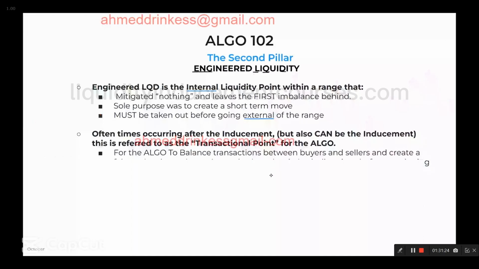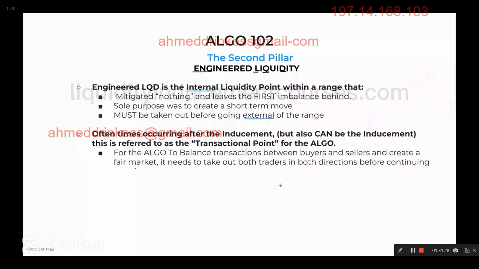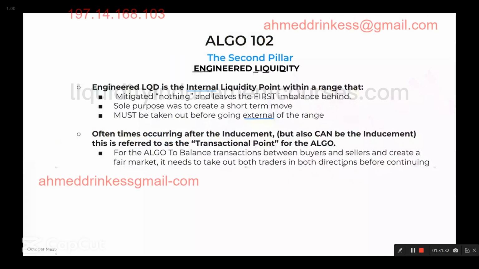For the algo to balance transactions between buyers and sellers to create a fair market, it needs to take out both traders in both directions before continuing anywhere.